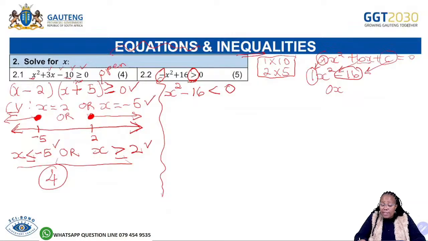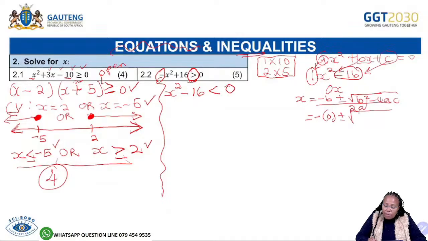Okay, let's say this learner now decided to factorize with the quadratic formula. Remember, this will be x equal to minus b plus or minus the square root of b squared minus 4ac, over 2a. And then now the b value is 0, plus or minus the square root of 0 squared minus 4 times a, which is 1, and the c is minus 16, all over 2 times a.